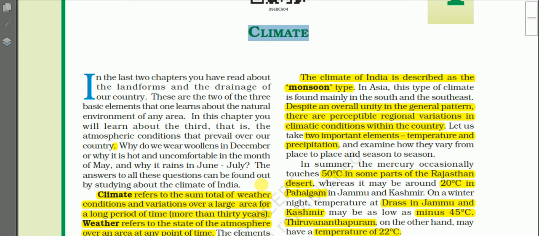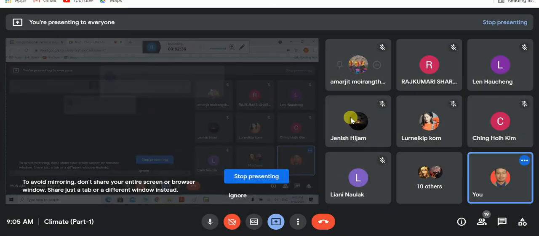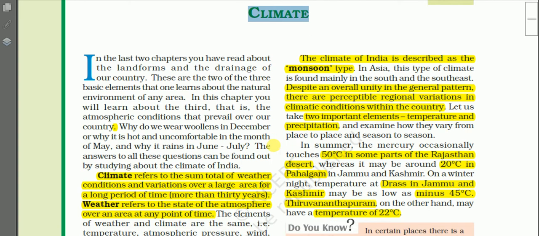Okay, so now can you tell me why do we wear woolens in December? And why do we feel hot and uncomfortable in the month of May? Yes, can you tell me?